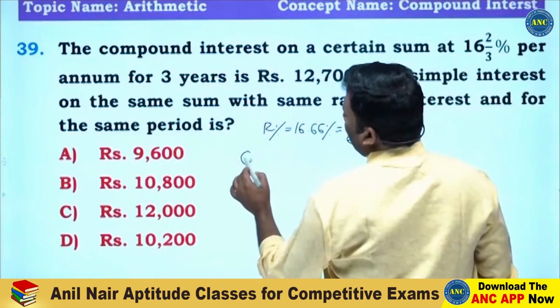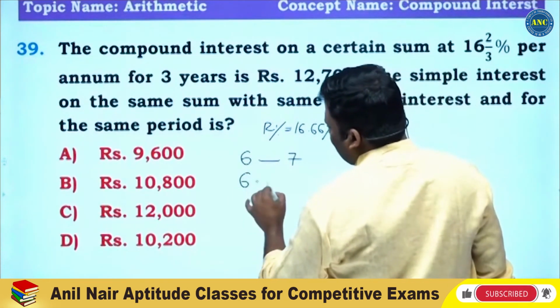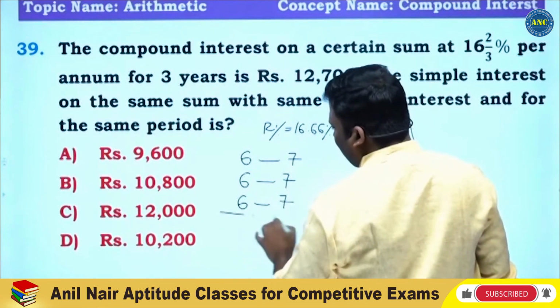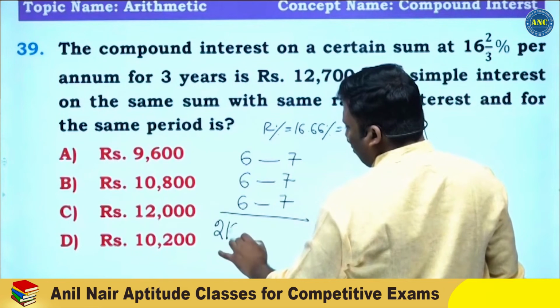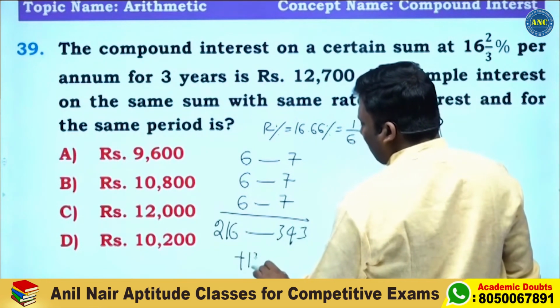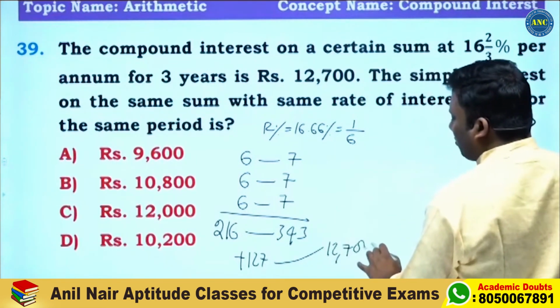If it is for 3 years, if it is 6, this will become 7. 6, 6, 6, 216. These 343. Extra is 127. According to the question, it is 12,700.